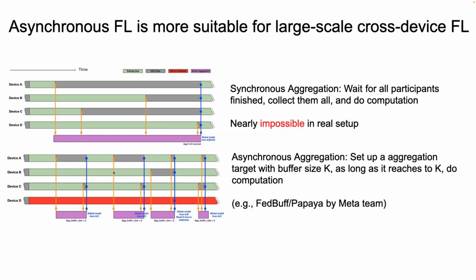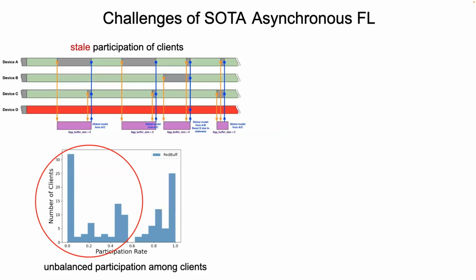This way, by allowing some slackness and allowing for stale models in the system, device B is able to contribute at a future time with a stale model. So this way it is accounted for and it can contribute.